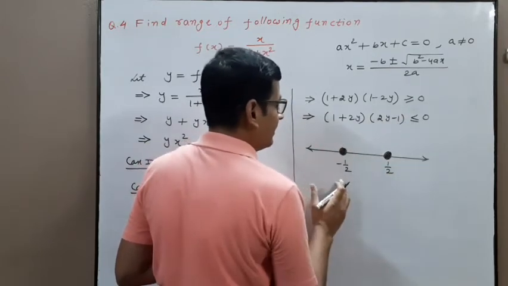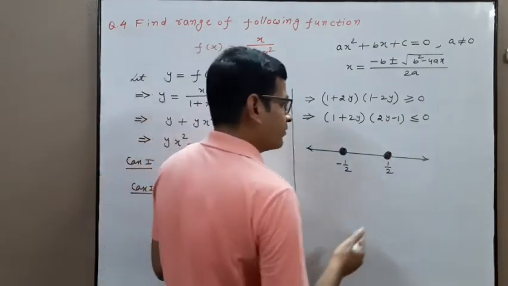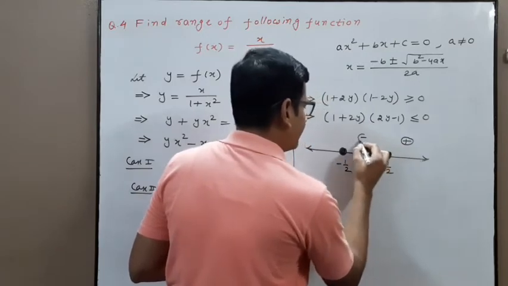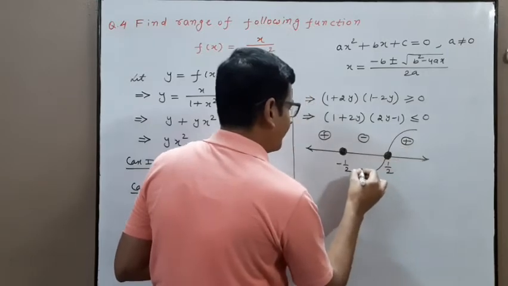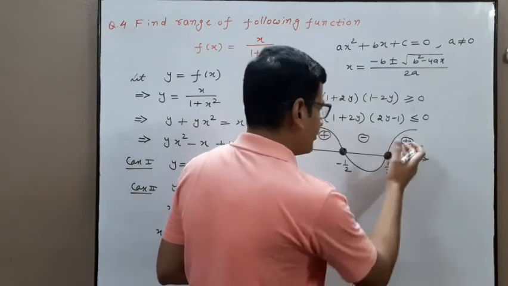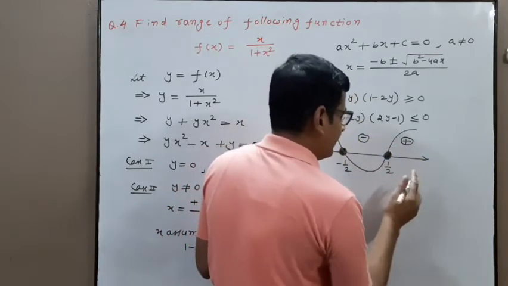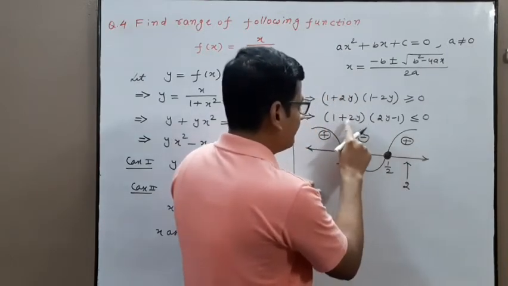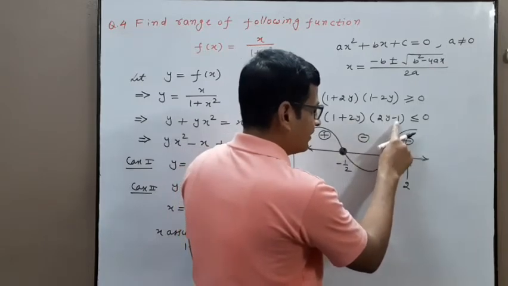In which interval is this into this less than or equal to 0? For this, use the Wavy Curve method. In the beginning plus sign, then minus sign, then plus sign. Or you can put values and also check: positive, negative, or positive. Take any number between 1 by 2 to infinity, for example 2. When you put y equal to 2, 1 plus 4, 5 is a positive number. 2 into 2, 4 minus 1, 3, positive.